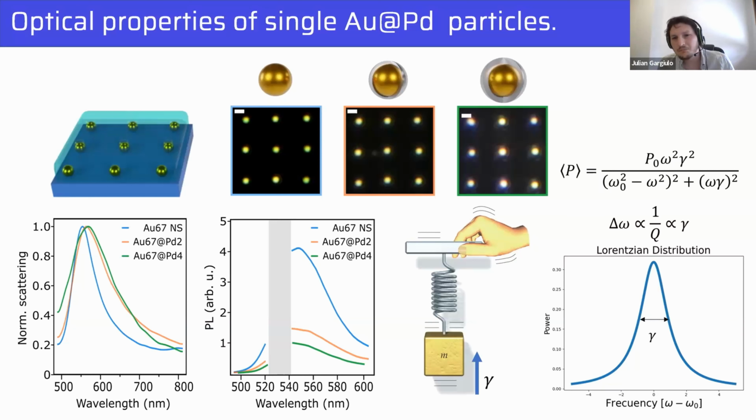And this is something that is, I think, well understood, because as soon as you have a damped oscillator, which in this case is the plasmon resonance, and you include some damping to the system, which in this case is damping by the palladium shell, it is a well-known effect that you have a lower quality factor.